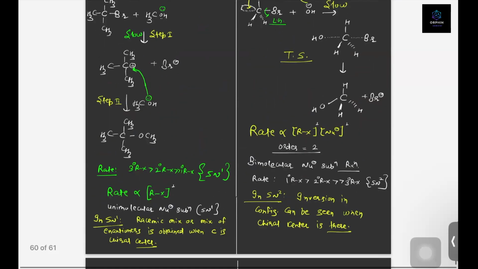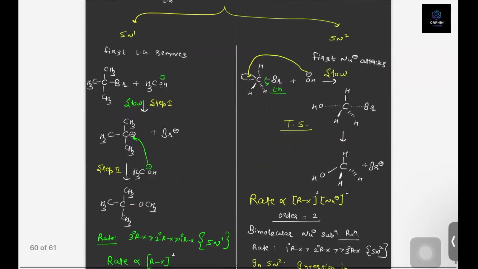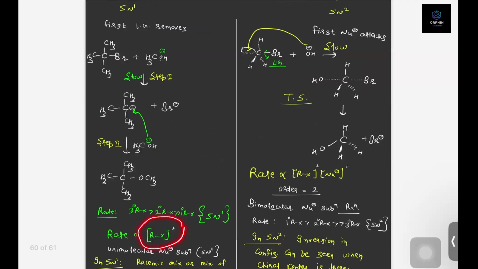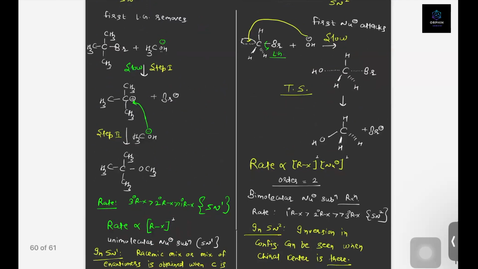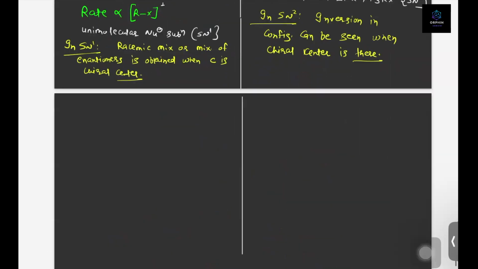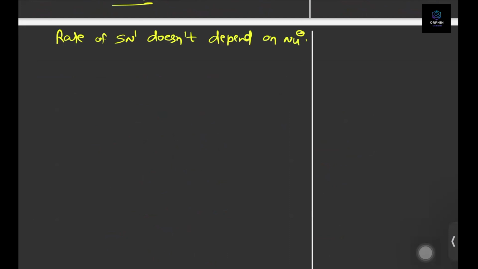In SN1, there is no role of the nucleophile in the rate of the reaction. The rate of SN1 does not depend on the nucleophile, neither its concentration nor its type.